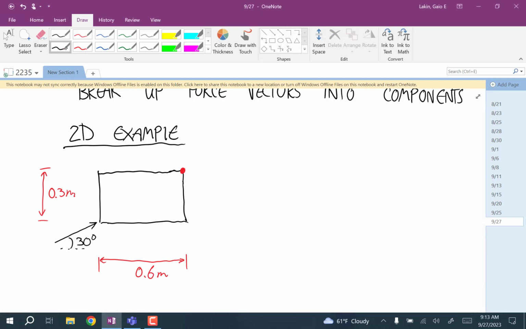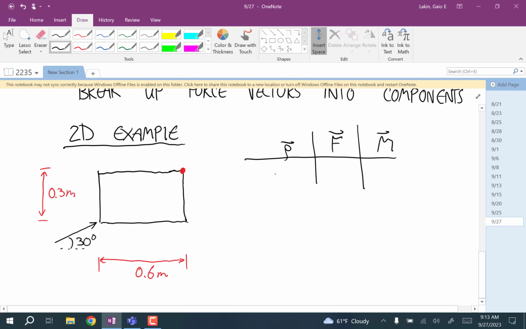Well, let's do it the way that we normally do rigid body problems. So we have this one force. The rho vector is -0.6, -0.3. The force vector, oh, I didn't give a magnitude yet. Let's say that's 100 newtons.